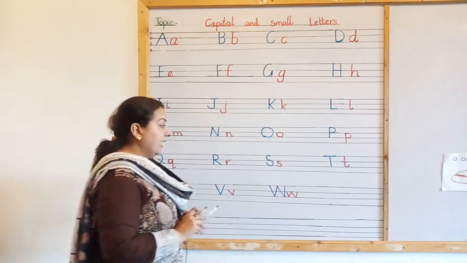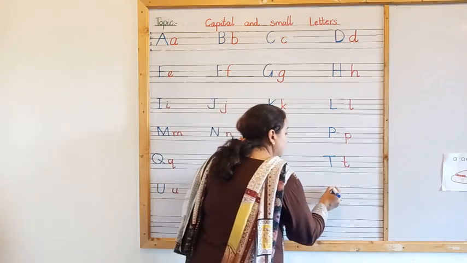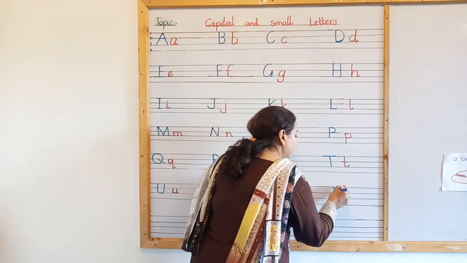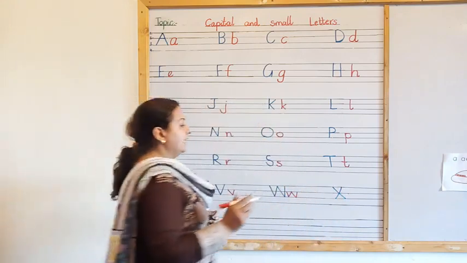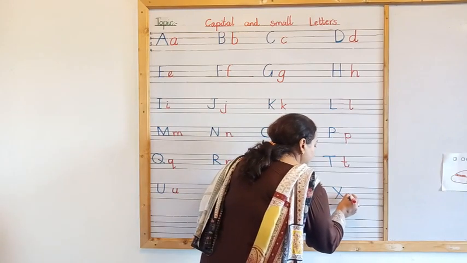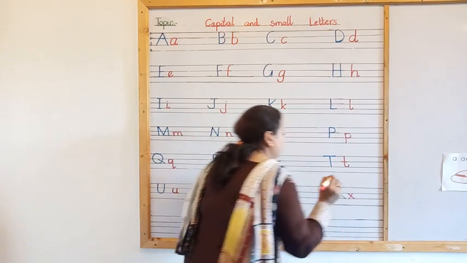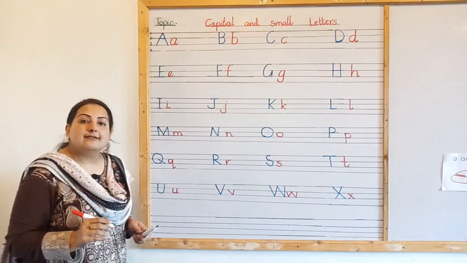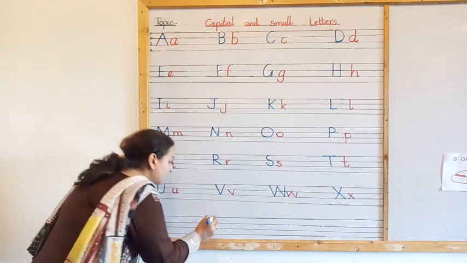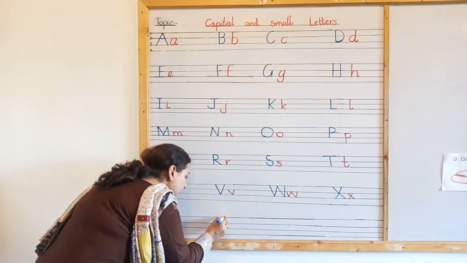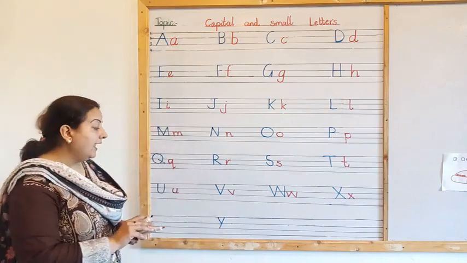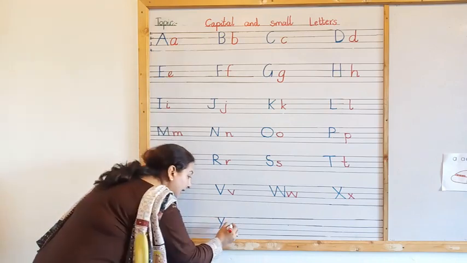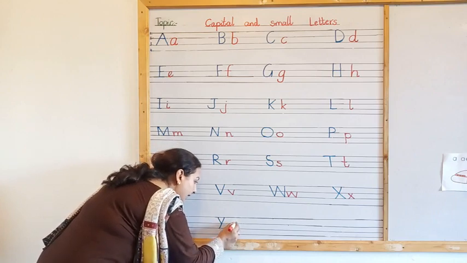X. In upper three lines we will write X. And in center two lines we will write small x. What comes after X? Y. In upper three lines we will write capital Y, and in lower three lines we will write small y.